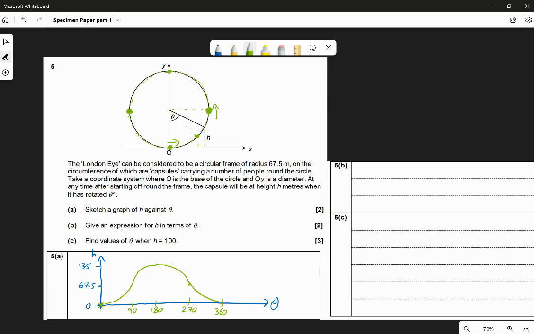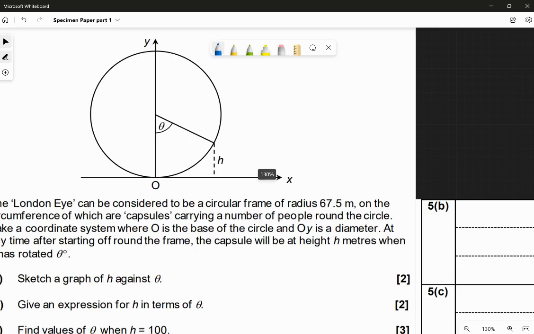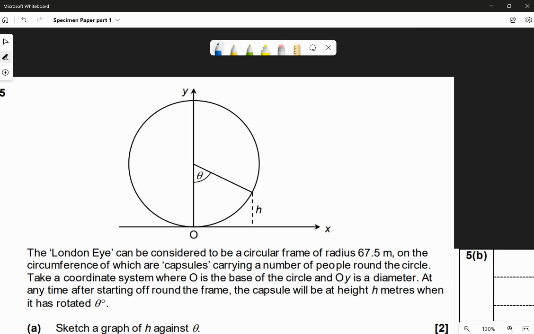The next thing I want to do is find an expression for h in terms of theta. So find basically an equation which links h and theta. This is slightly more difficult to do. But what I'm going to do is focus on this circle and theta and h and try to link them. I'm going to draw just a right angle triangle here. h is the height of this part, from there to there.